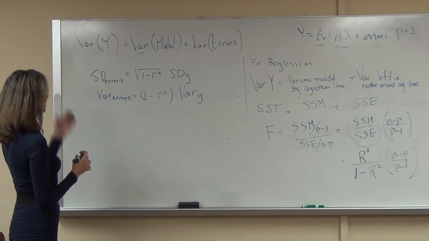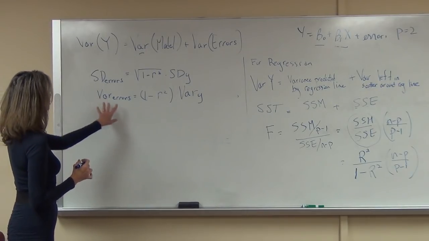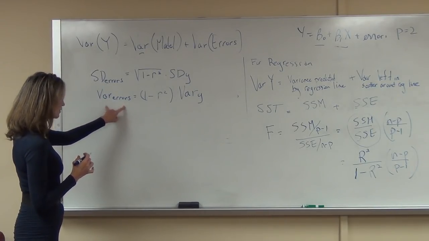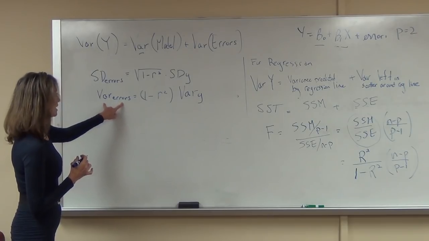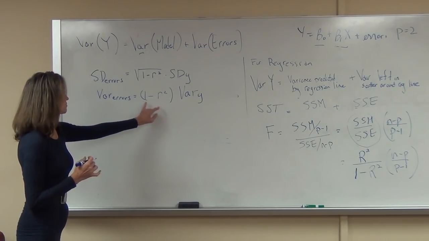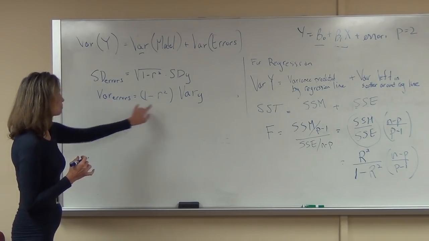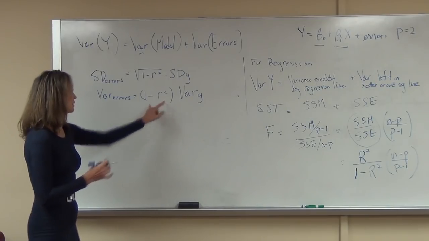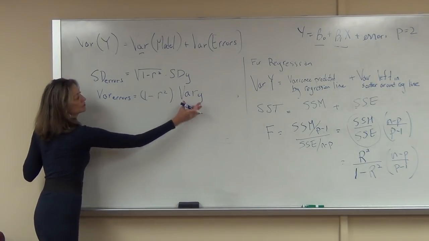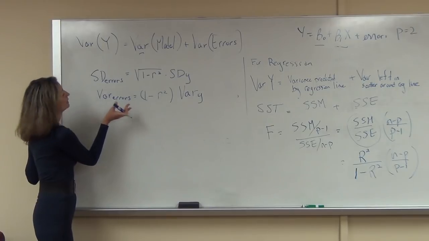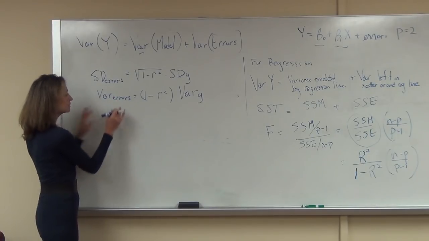So we see right here that 1 minus R squared is the fraction of the total variability that's in the errors. What is the variance of the errors?